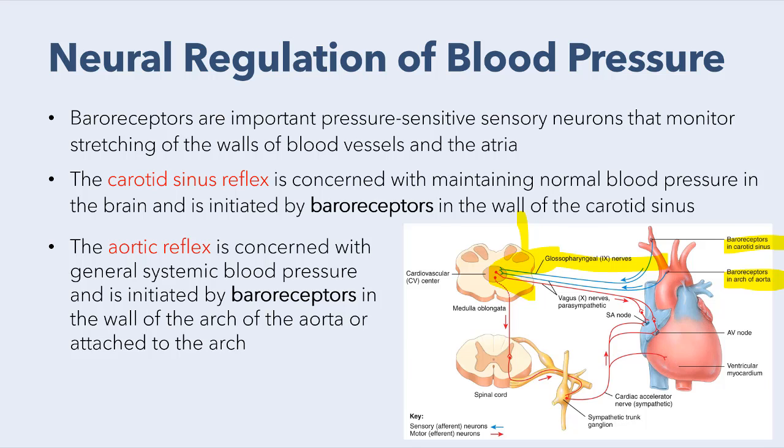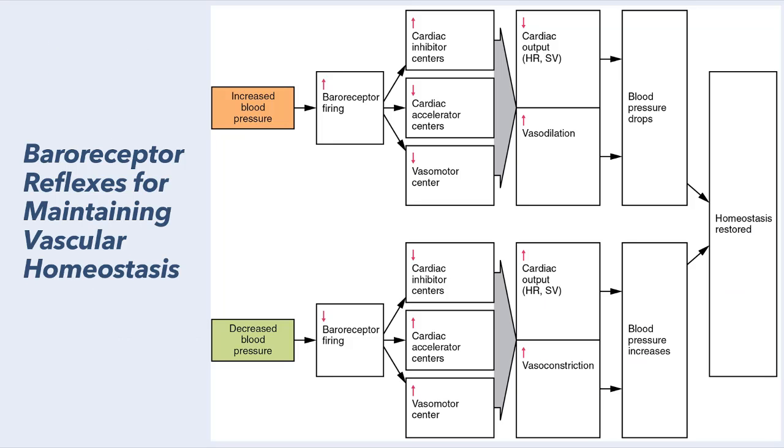So what are some of these responses? If we have increased blood pressure, that is going to increase the stretching of the baroreceptors, which means they'll send their signals onto the cardiovascular center in the medulla oblongata. The cardiovascular center will then fire some signals that will decrease heart rate, decrease stroke volume.